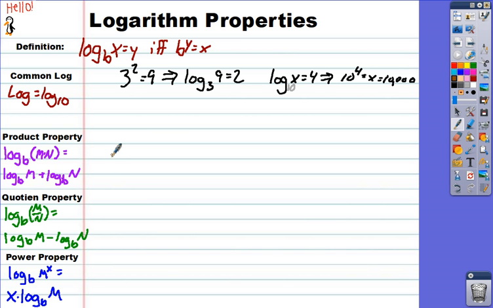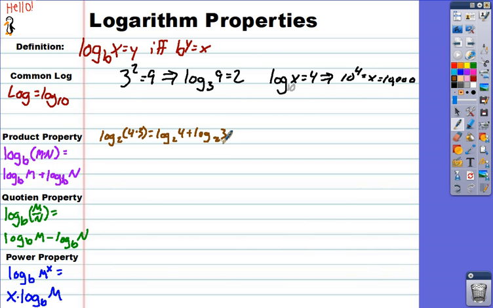Let's start with log base 2 of 4 times 3. Well, that's just 12, but if it said 12, we could break it into 4 times 3. We could even break it into 2 times 2 times 3, but let's leave it as 4, and you'll see why in a minute. That's going to turn into log base 2 of 4 plus log base 2 of 3.